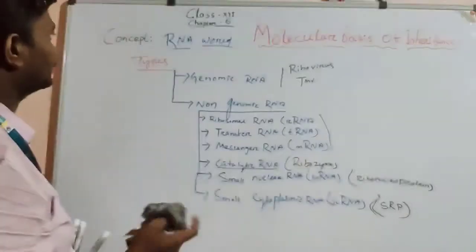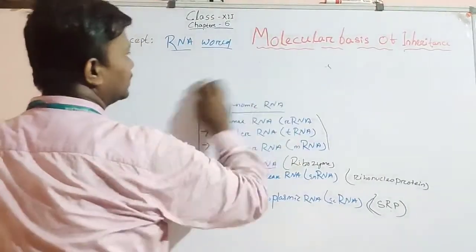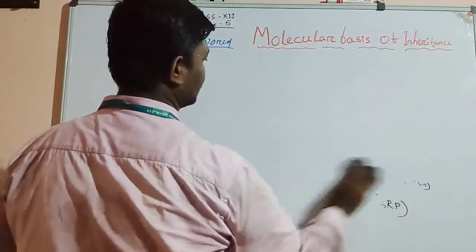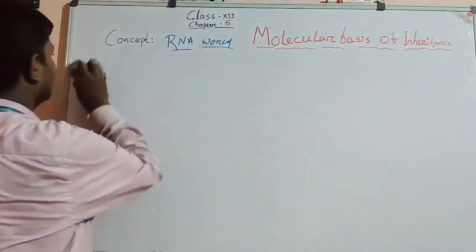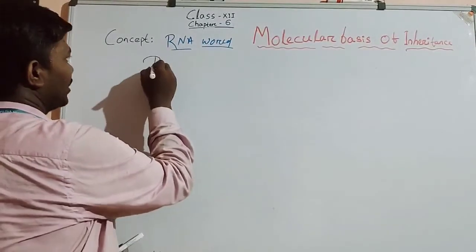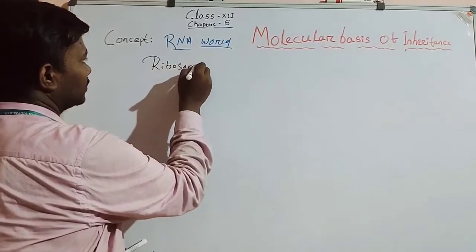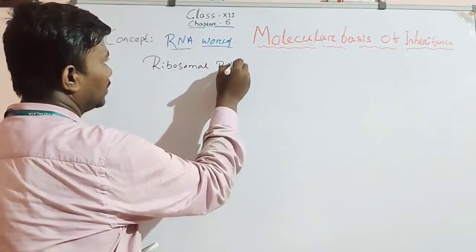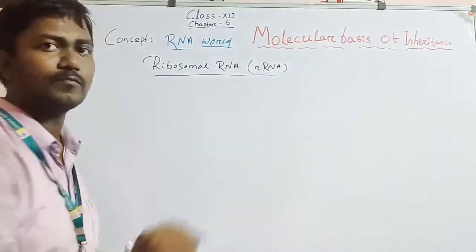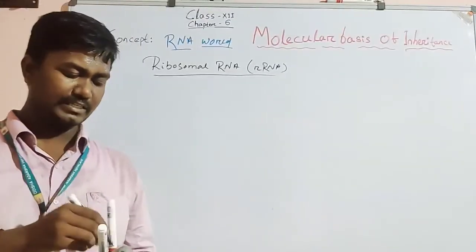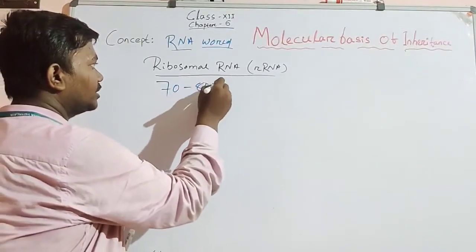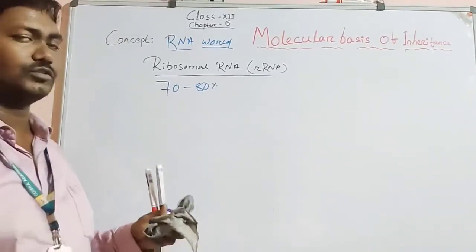Then come to the ribosomal RNA, or rRNA. It is the most abundant RNA present in the cell. Basically, 70 to 80% of total RNA is ribosomal RNA.